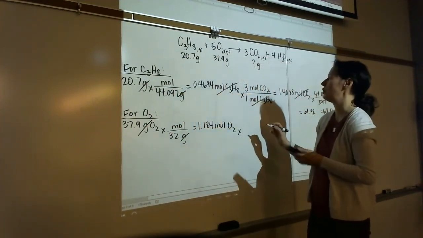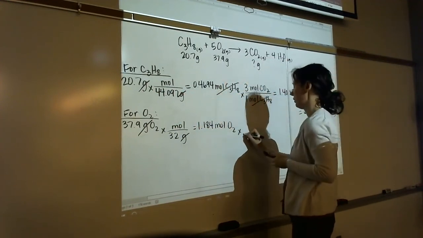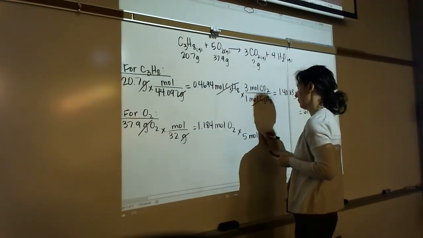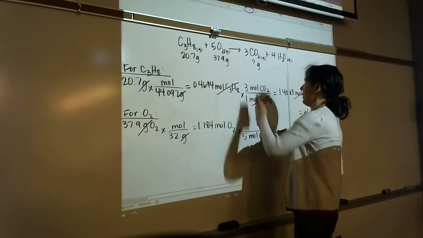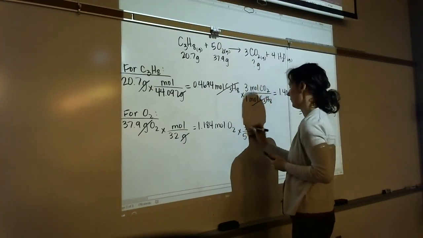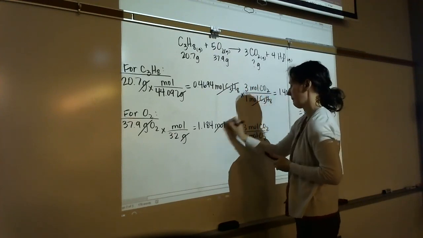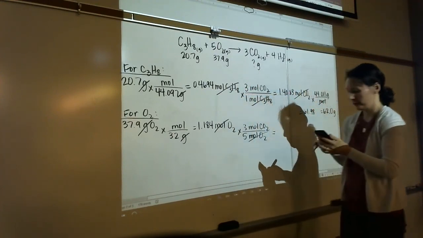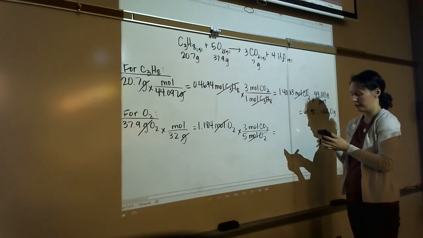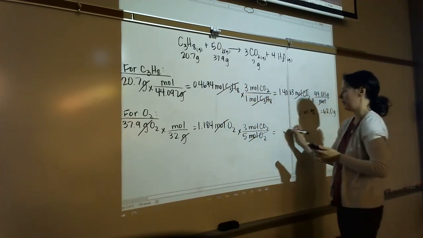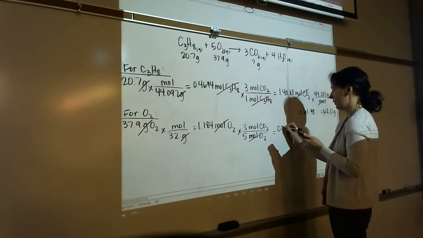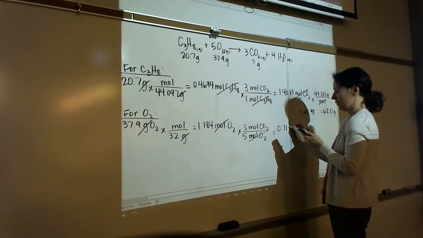Now let's do the mole ratio. For every 5 moles of O2 that I use, I make 3 moles of CO2. So times 3 divided by 5. So that's 0.711.